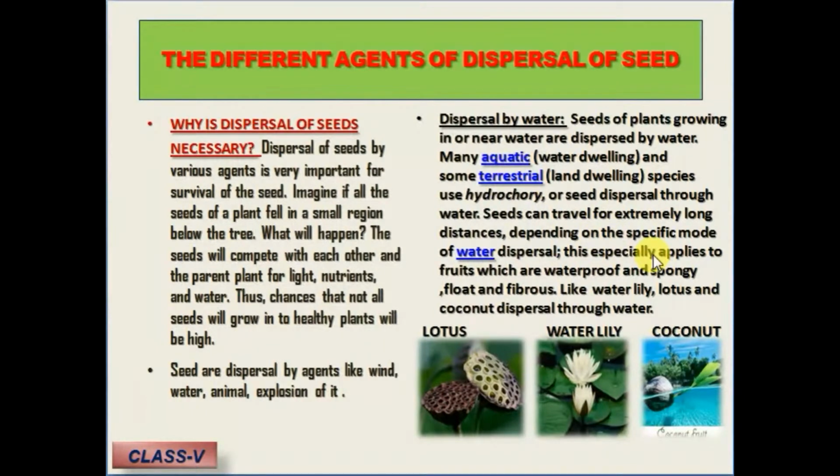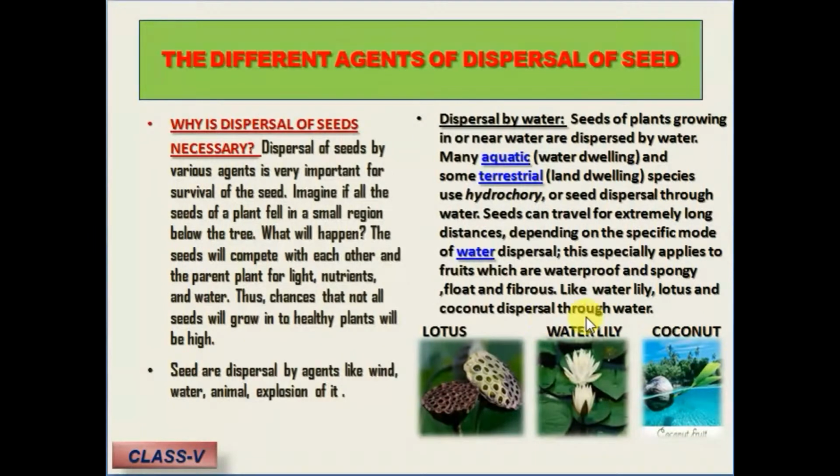This especially applies to fruits which are waterproof, spongy, floating and fibrous, like water lily, lotus and coconut, dispersed through water. Right, children?